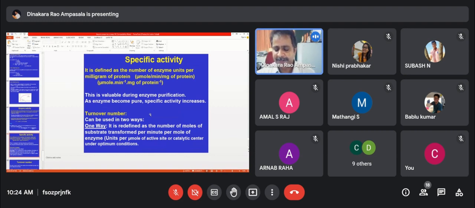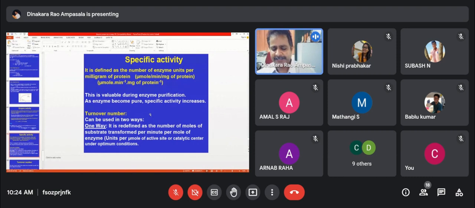In crude enzyme, lots of proteins are there, so you have more protein and less enzymatic activity. When you start purifying and remove unwanted proteins and molecules, only your protein remains, so you have less protein amount and more enzymatic activity.